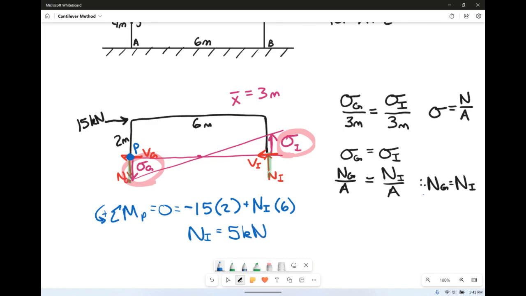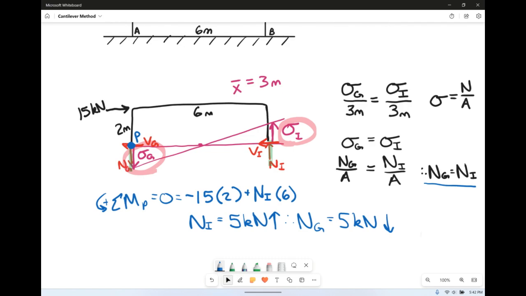And because of our handy-dandy little equality over here, we're also going to show that normal at G is also equal to 5 kilonewtons. So these are both positive values, so we are literally just looking at the directions of those. So normal at G is going down, normal at I is going up, for what it's worth.